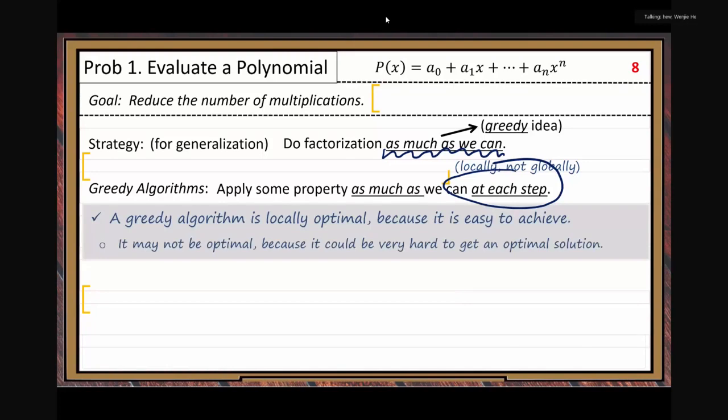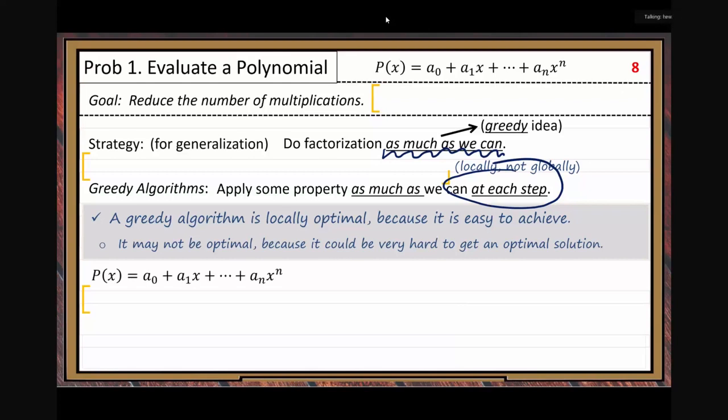It may not be optimal because it could be very hard to get an optimal solution. Sometimes it's impossible. People in our generation do not know how to get a globally optimal solution, so we may need future generations to solve the problems. There are many open problems we cannot solve right now.